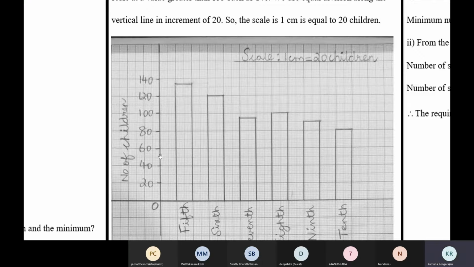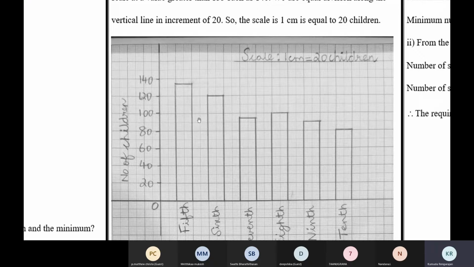Now we'll understand what value every subdivision holds between 60 and 80. What's the scale? We are jumping in 20s: 0, 20, 40, 60, 80.